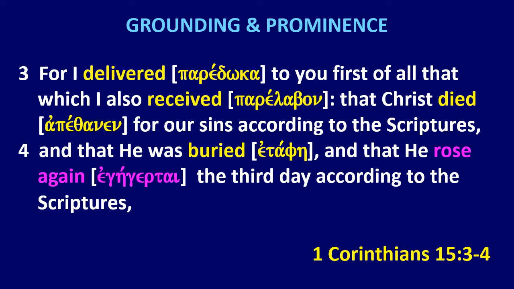But then, in contrast to that background information, what is the thing that is most prominent? Well, it's highlighted there in purple, the idea of his resurrection, that he rose, egegertai, which is the perfect tense form of egeiro. And what is the focal point of chapter 15 of 1 Corinthians? It's the resurrection.